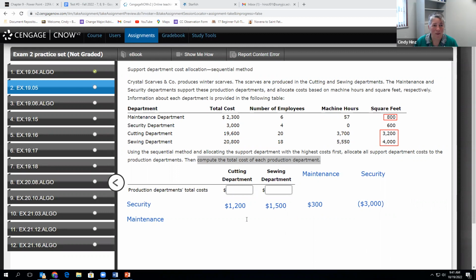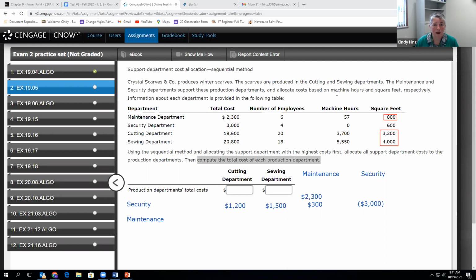And now we have the maintenance department to allocate. Well, the maintenance department original cost was 2,300, but we just allocated 300 more from security. And so now the total cost in that maintenance department is 2,600, and that's how much we need to allocate out.